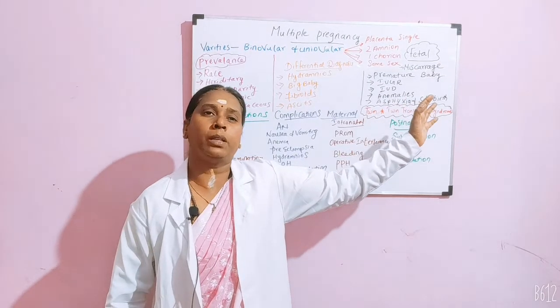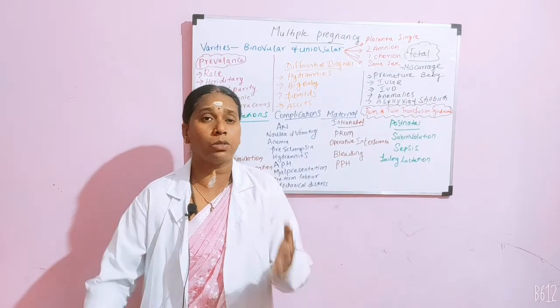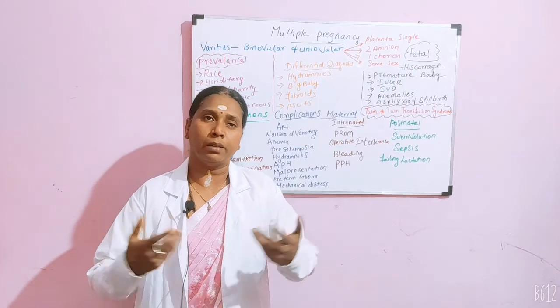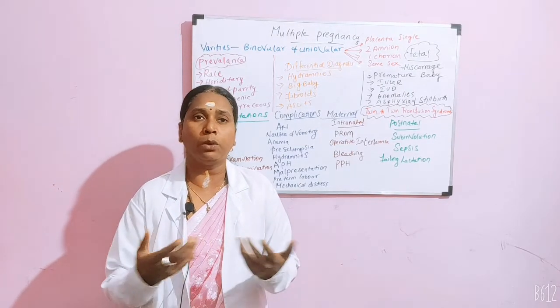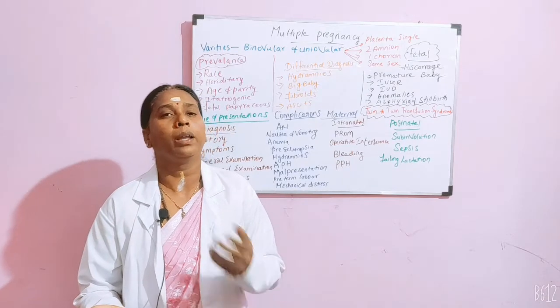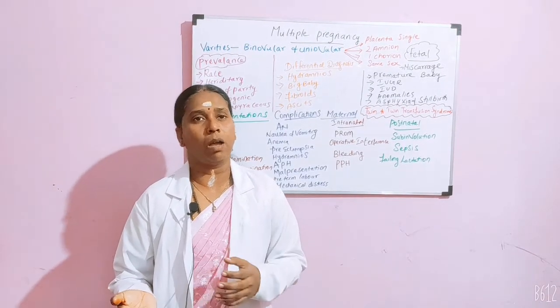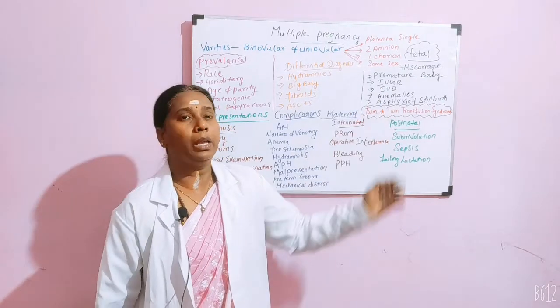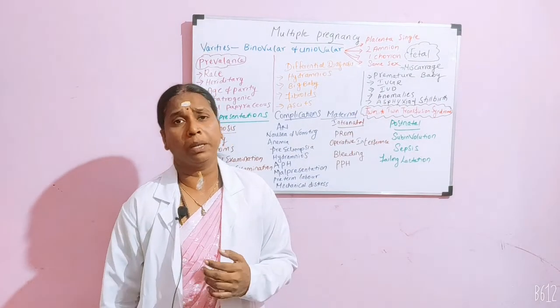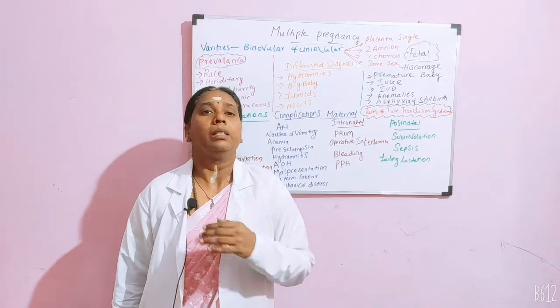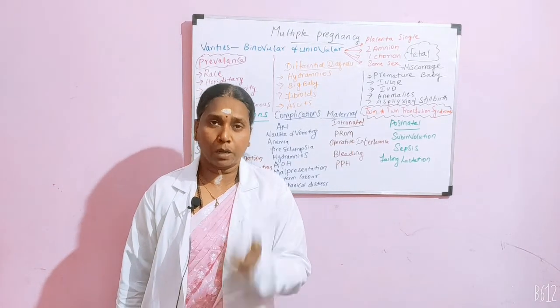So first fetal complication is miscarriage. Miscarriage is due to inadequate perfusion to the uterus. When the mother is weak, when the uterine perfusion is not adequate, at that time there may be a chance for miscarriage or abortion. And then we have premature baby. We have already discussed there may be a preterm delivery, there may be a premature rupture of membrane.